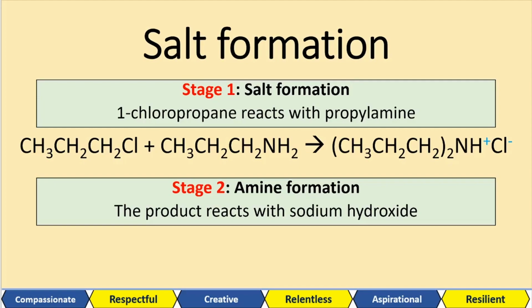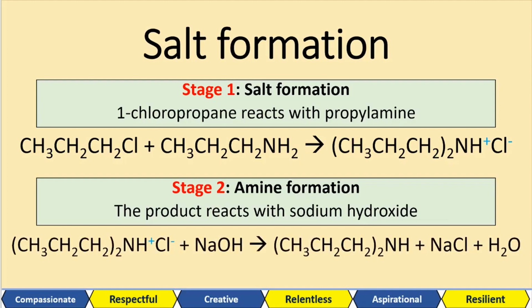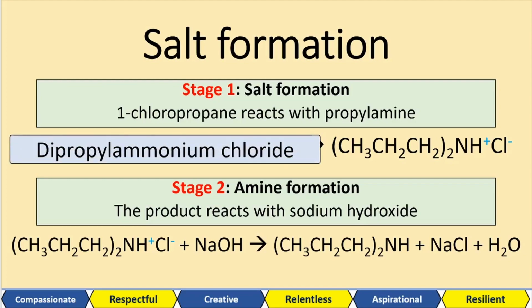And when we react that with the sodium hydroxide, that gives us this. We still form the sodium chloride and water, but now look, we've got a secondary amine. And to name these 2 products, the first one, we've got 2 propyl groups, so that's dipropyl, and it's an ammonium chloride, so that's dipropyl ammonium chloride.